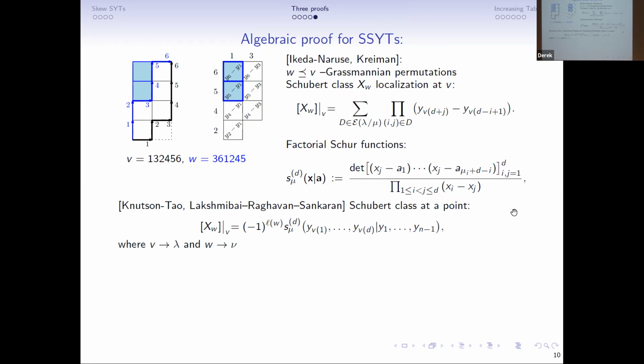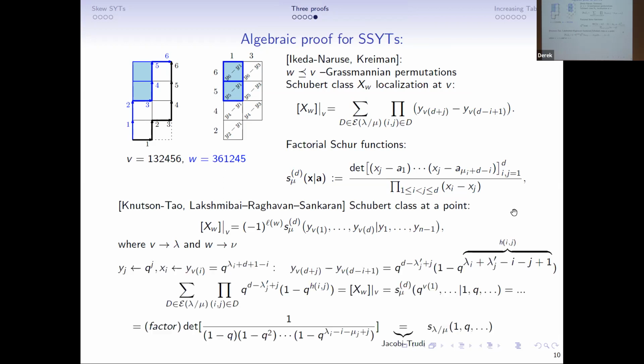And if you plug in both sides with various letters and you do some transformations, then you will actually get to the skew Schur function using this complicated result from algebraic geometry.